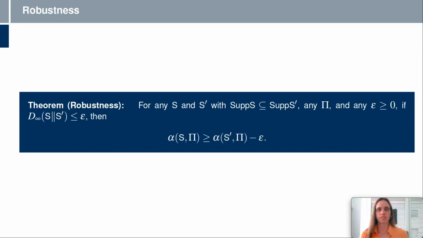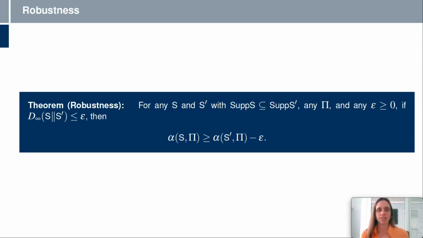Then we can show that the anonymity measure of the one distribution of S is greater or equal the anonymity for distribution S prime minus epsilon. So when we are not exactly seeing the probabilities for each spender, but more or less good enough, then we know that our anonymity measure also is not far off.